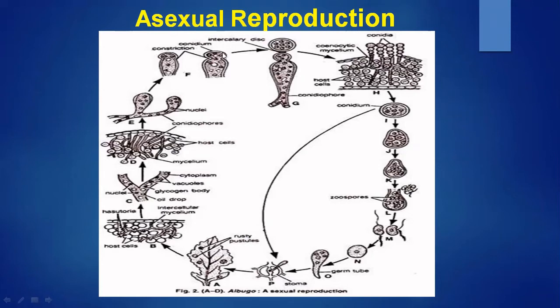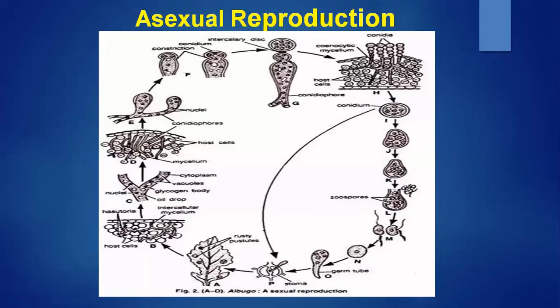So it bulges and increases in size. Ultimately, a constriction develops, forming a transverse wall. With this you can see formation of a spherical multinucleate conidium or sporangium.